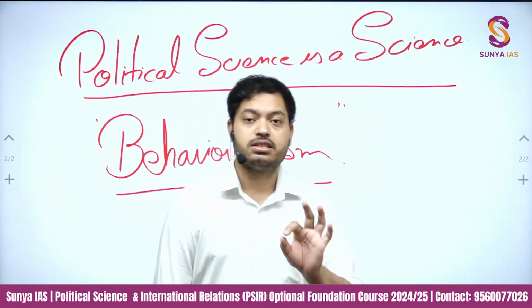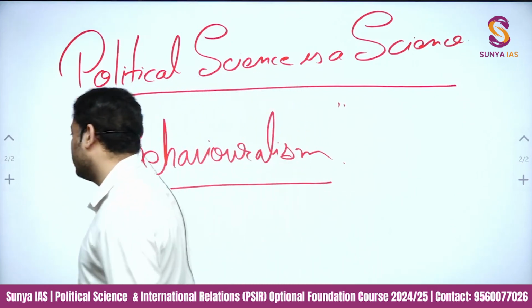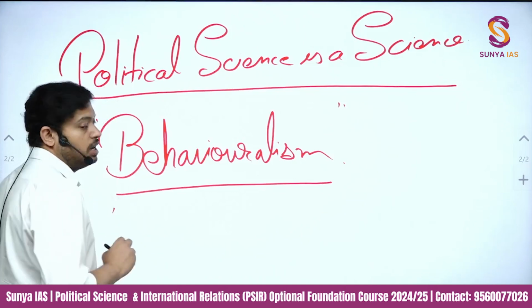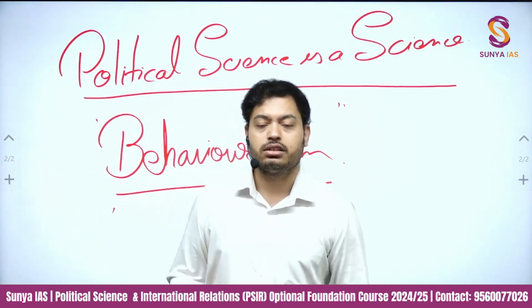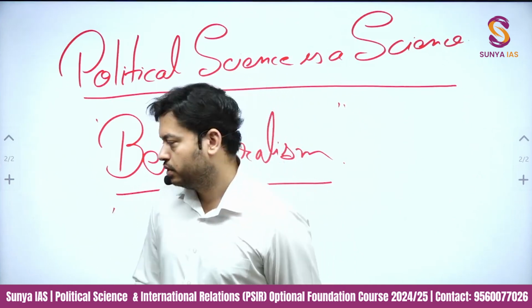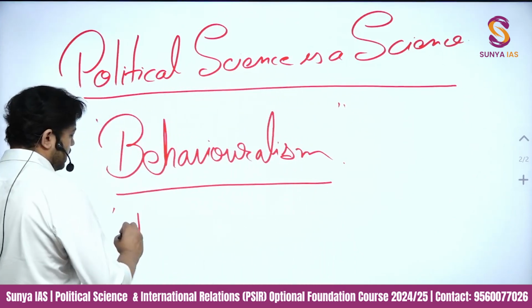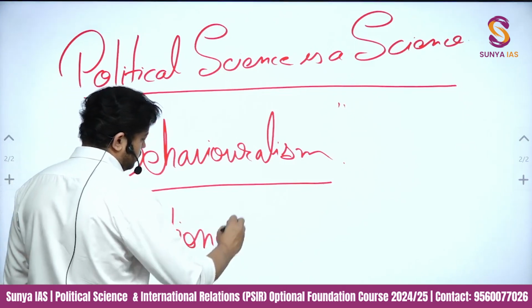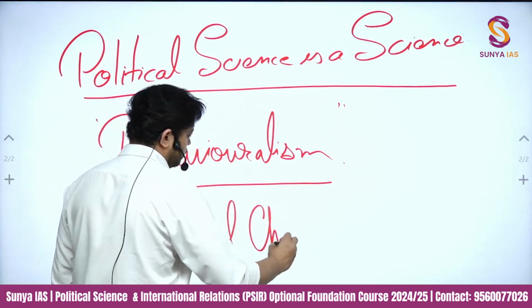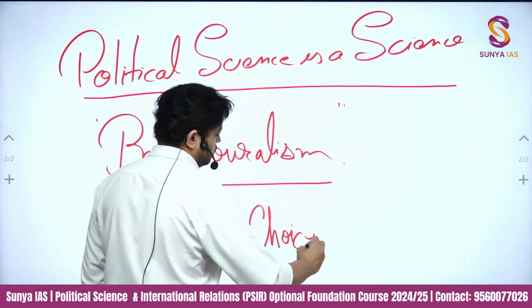Okay, and this is famously called in the world of political science as the rational choice theory. Now let me write this thing again. In case you don't remember this, no issues, but you need to understand rational choice theory.